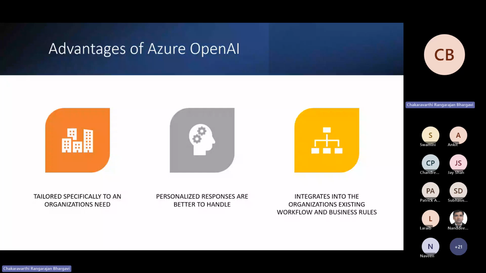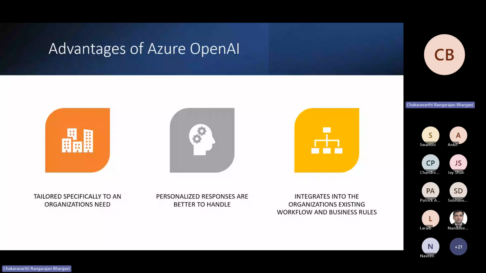Like if you train an Azure OpenAI model with some kind of hospital rules, then it answers you in the form of hospital related queries. And if you train it with some kind of situation, like when you go into IRCTC, then it answers you back in that format.